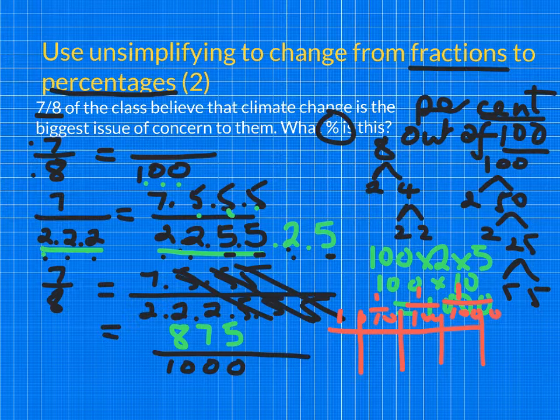So 875 thousandths, here's the thousandths column, we've got 5, 7, 8. 875 thousandths, which is 0.875. Now we actually want to know what percentage it is. That's going to the hundredths column. So it's actually 87.5%. Okay, so it's 87 hundredths and an extra 5 thousandths. So it actually comes out to be 87.5%.